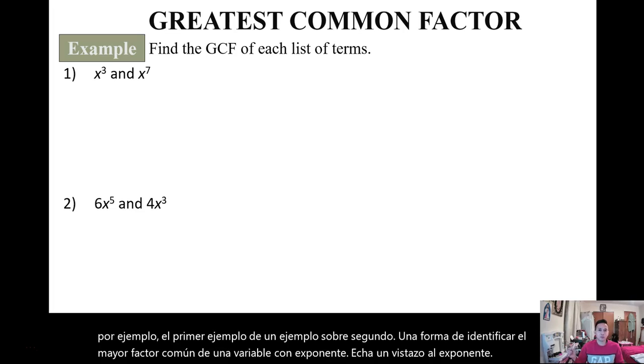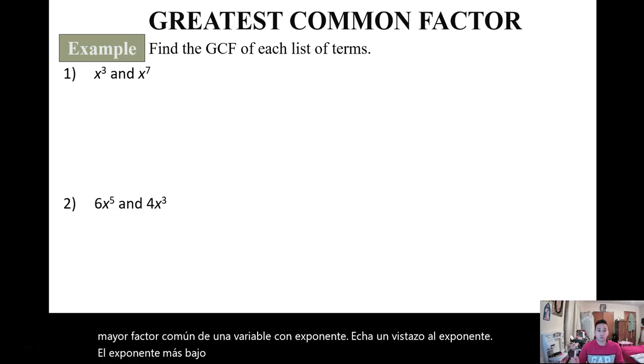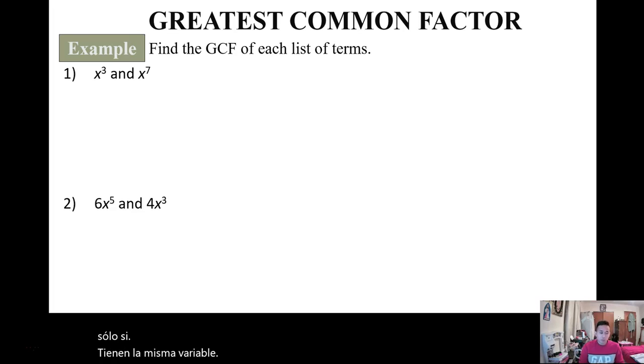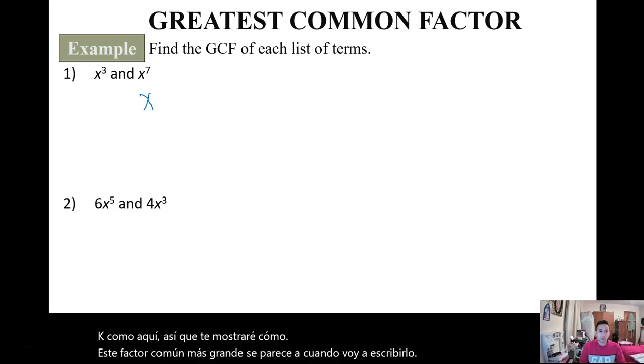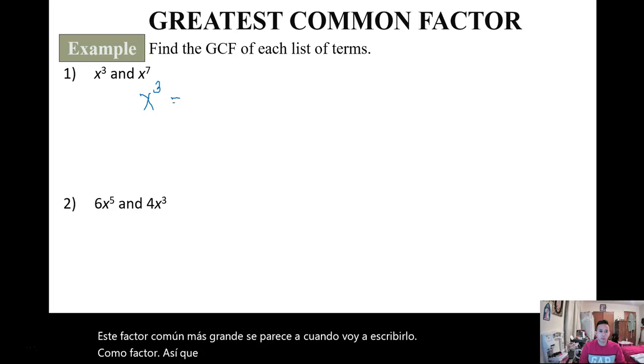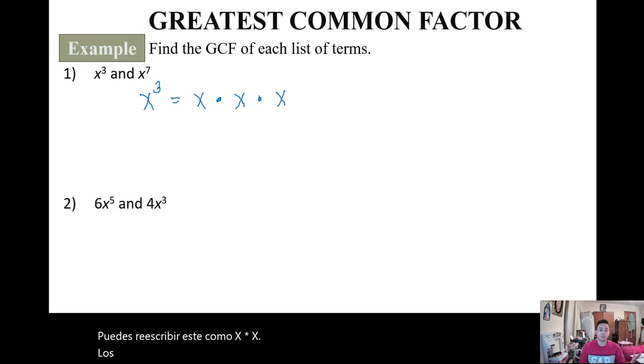The lowest exponent that you have there will be the greatest common factor, if and only if they have the same variable. I'll show you how this looks when I write it as a factor. If I have x cubed, you can rewrite this as x times x times x, so there are 3 x's there.